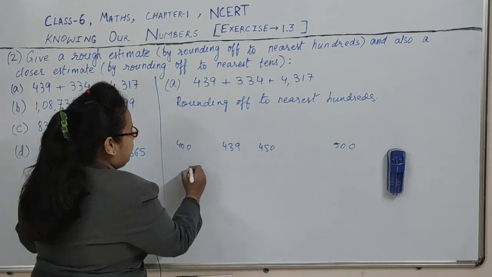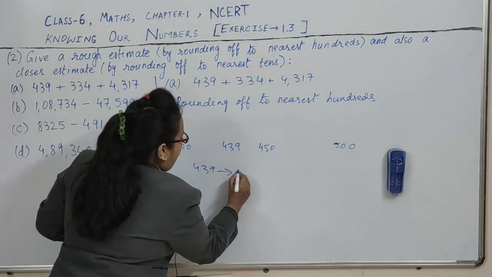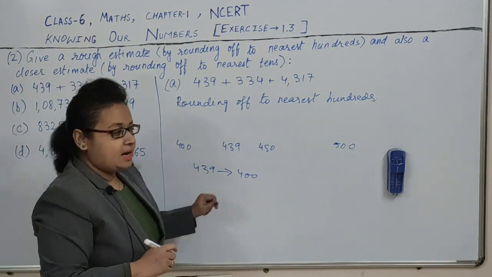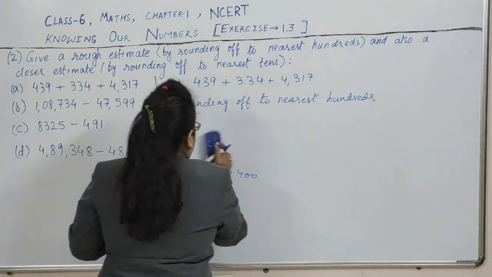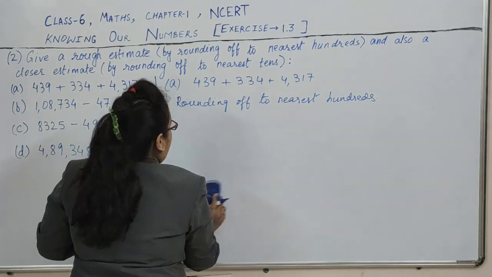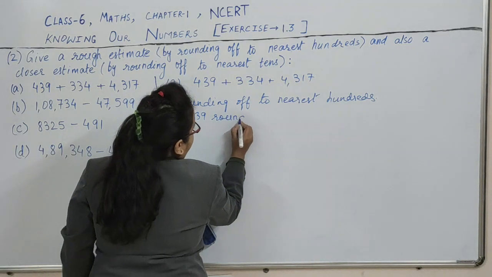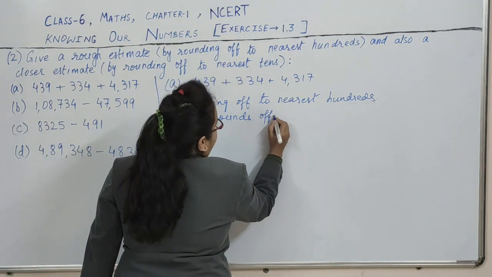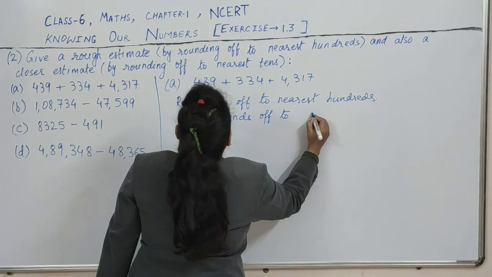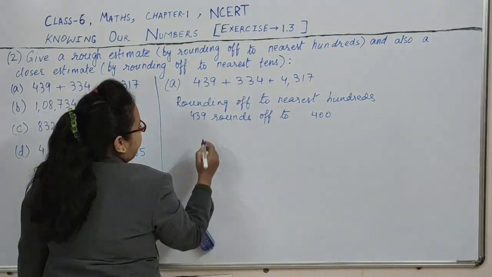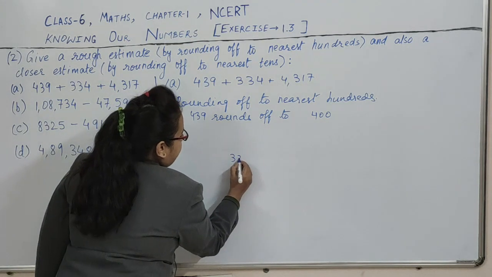So this 439 will be rounded off to 400. This is rounding off to the nearest hundreds. So 439 rounds off to 400.